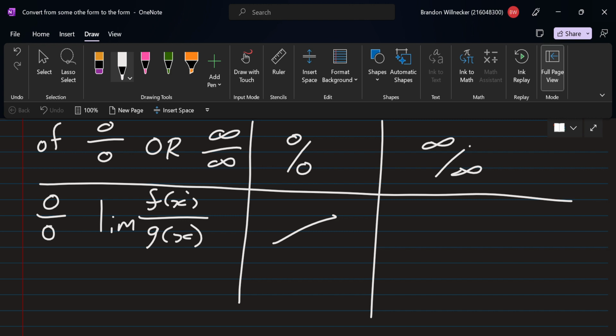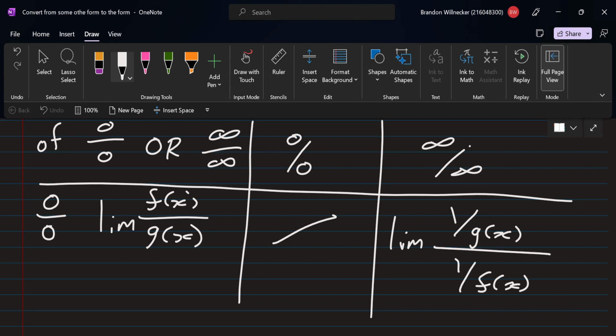Okay, so we're going to swap this around a bit and instead write it as 1 over g of x over 1 over f of x. Okay, if you simplify that, we get back to f of x over g of x, but now we see that on the right there, if g goes to 0, the top part goes to infinity, as we want, and in the bottom there, if f goes to 0, the bottom part also goes to infinity.